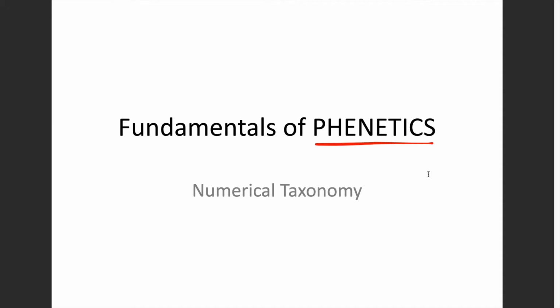So phenetics, in a nutshell, is an attempt to classify organisms based on the overall similarity. Usually, we pin this classification on the morphology of the observable traits of the organism.